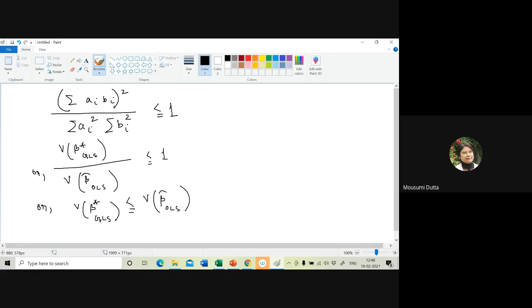The equality sign holds if and only if Ai and Bi are proportional.